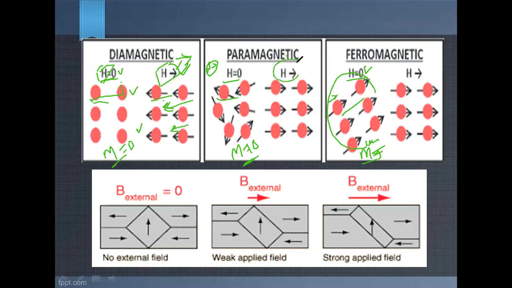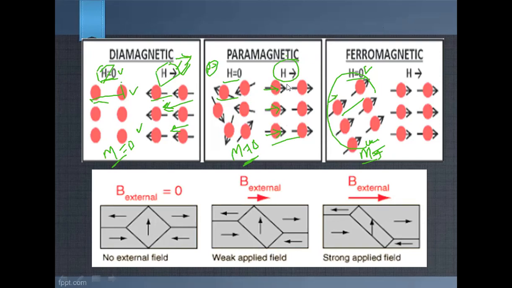Coming to the paramagnetic material, they try to align in the direction of the magnetic field. And the other one, you can see they are already in the field direction.